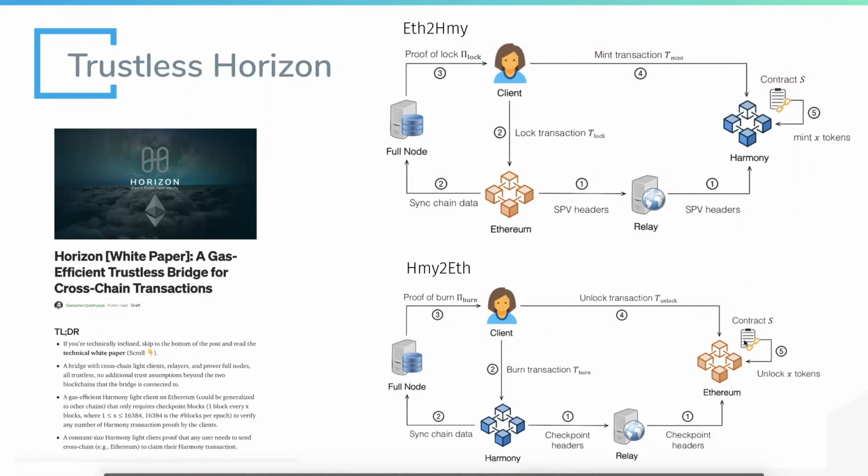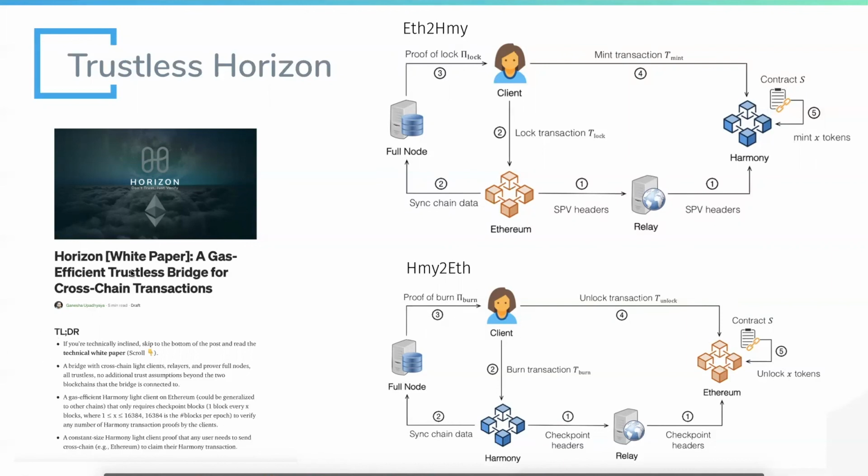In that case, a bridge smart contract running on the Ethereum blockchain obtains the Harmony headers and uses the block headers to verify the proof of burn. After verification, it unlocks the tokens. So the flow is similar, locking and unlocking, but it happens based on fully verifying the proof submitted by the user.